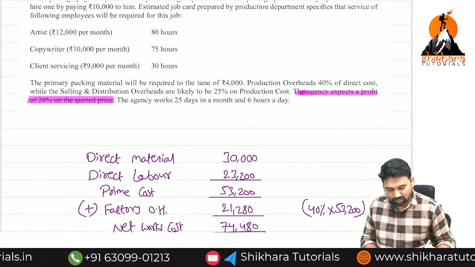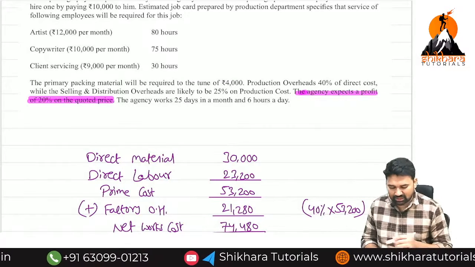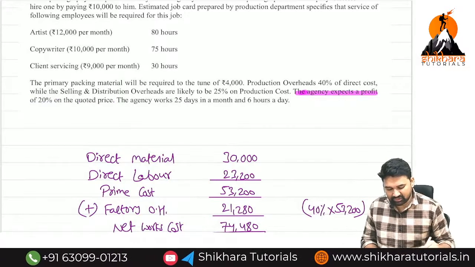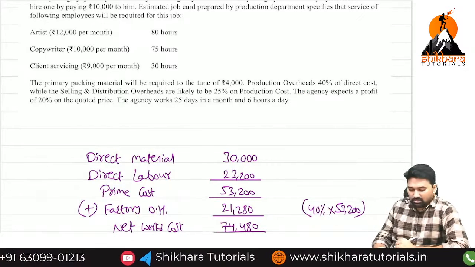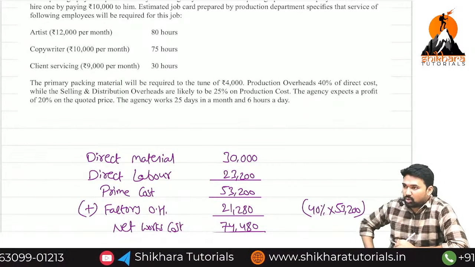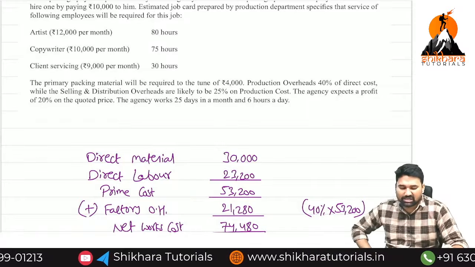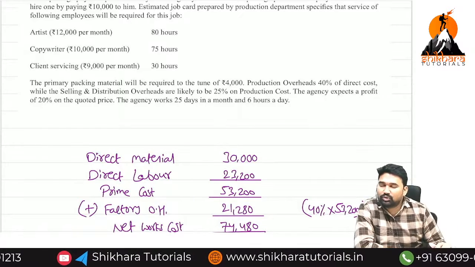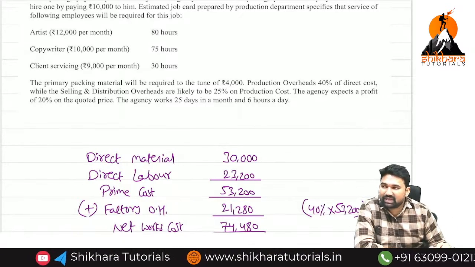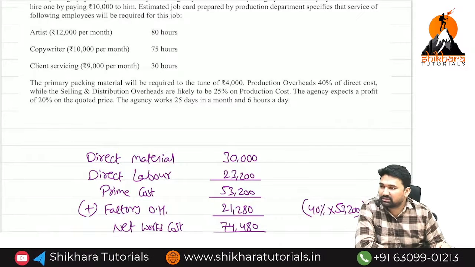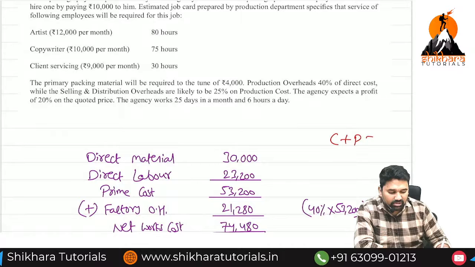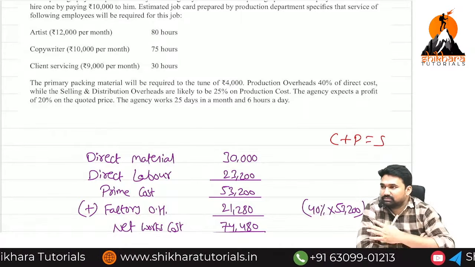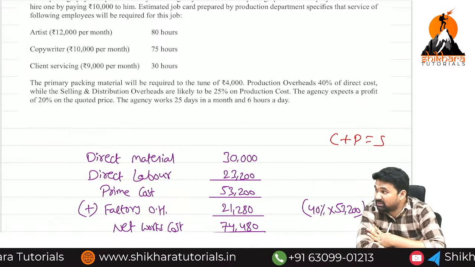Listen carefully, this is very important. Do you have common sense? According to common sense, what is the equation? Cost plus profit is equal to sales.